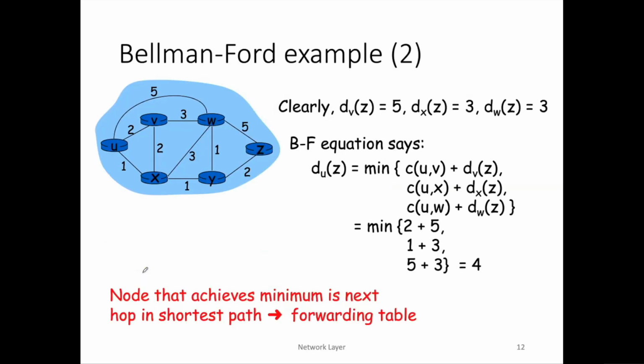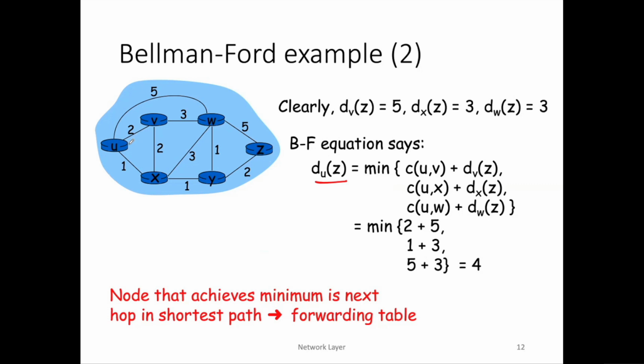Okay, so if we look at this problem of finding the least cost using the Bellman-Ford equation, what do you think was the least cost to reach from u to z? It's the same example, by the way, that we used in the last lecture. So what you will do, you will find the cost to reach z from each of its neighbors.